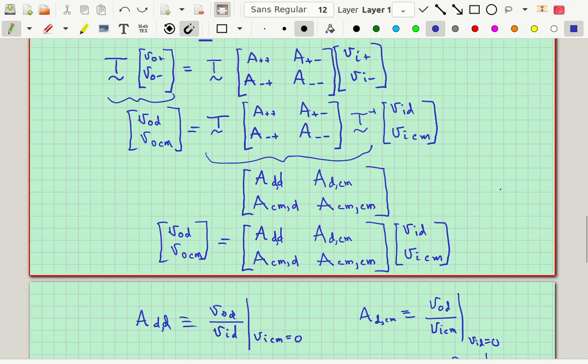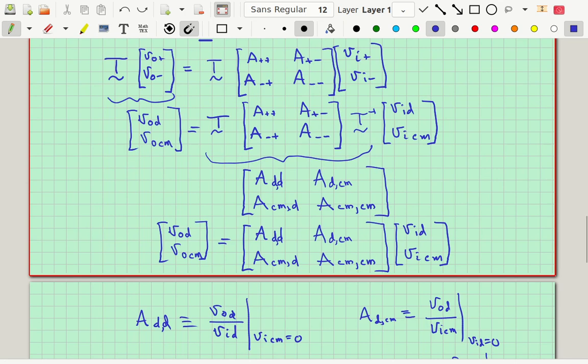It has 4 elements. The first one, the 1,1 element, is ADD, differential to differential. It tells me what the gain is if I have a differential input and a differential output. What's the gain of the differential output due to the differential input? Then I have ADCM, the gain that tells me how much the common mode input affected the differential output.